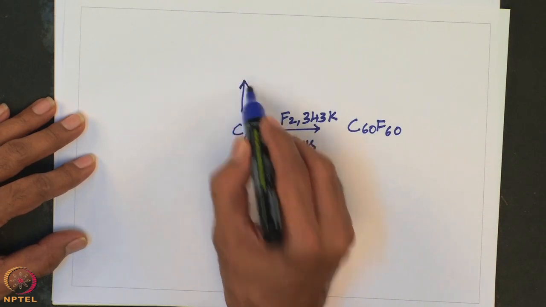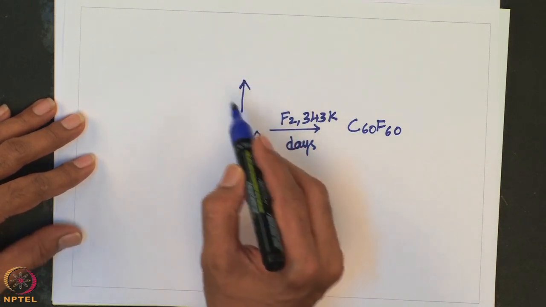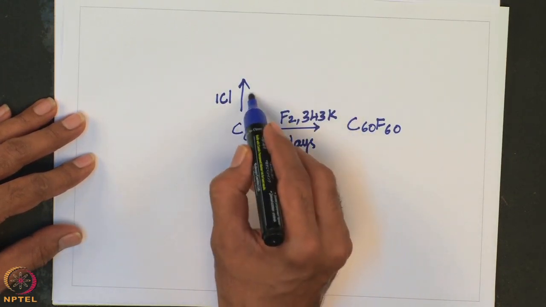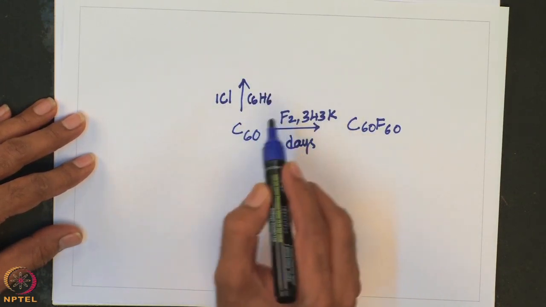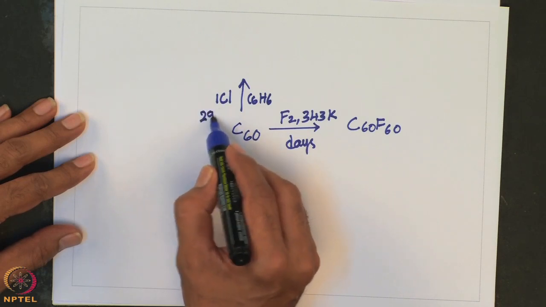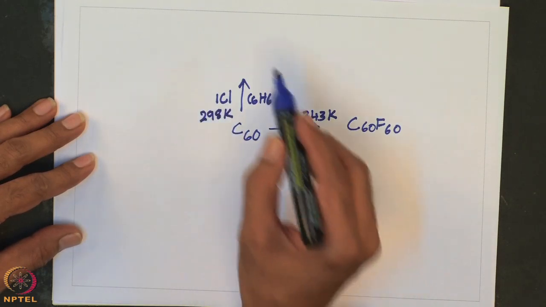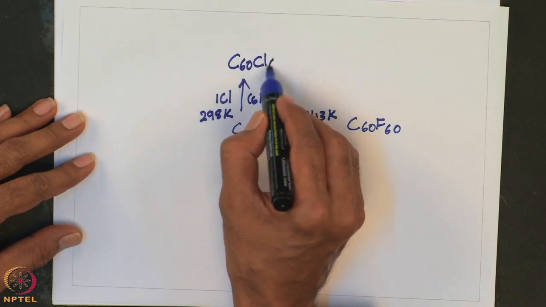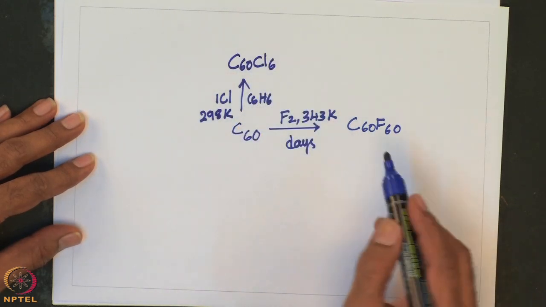Similarly, ICl is added in benzene at 298 Kelvin, it forms C60Cl6.